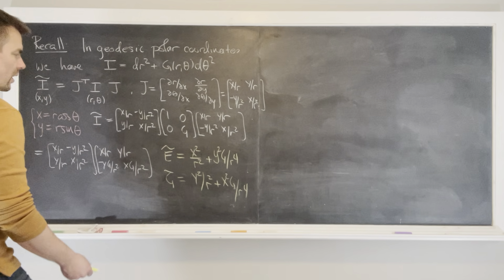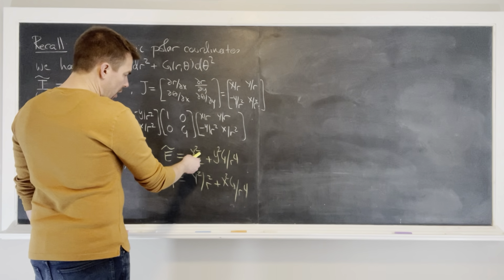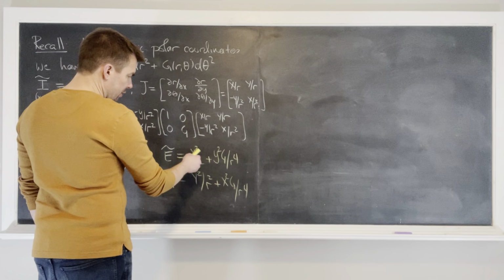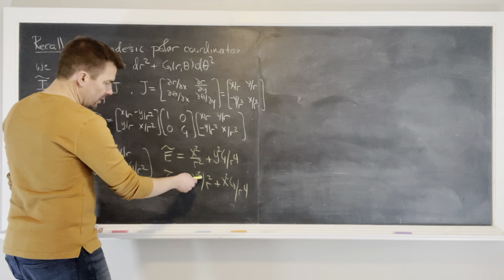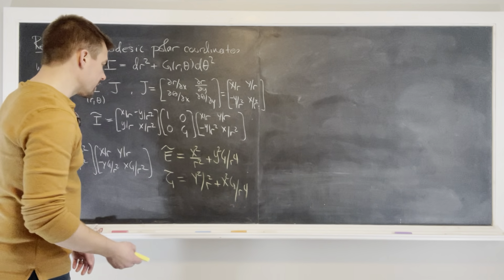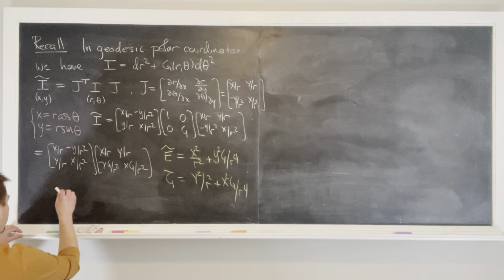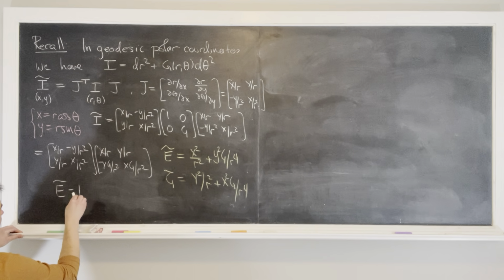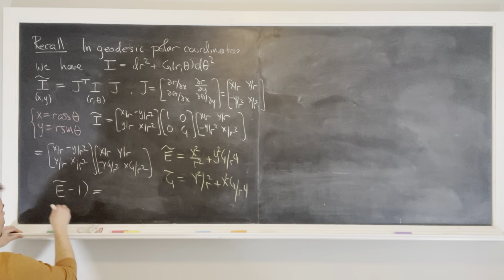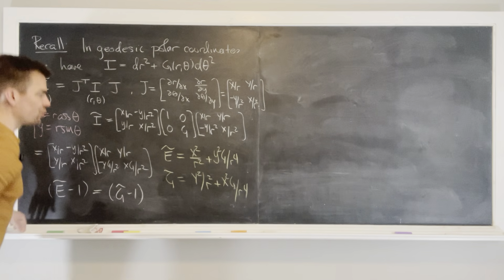Okay. Now, clearly, if I subtract 1 from E tilde, that's the same as subtracting r squared over r squared. x squared minus r squared is negative y squared. And if I subtract 1 from G tilde, I'm going to have y squared minus r squared, which is negative x squared, right? So in other words, what do we have? There's a relationship between E tilde minus 1 and G tilde minus 1. And what's that relationship?